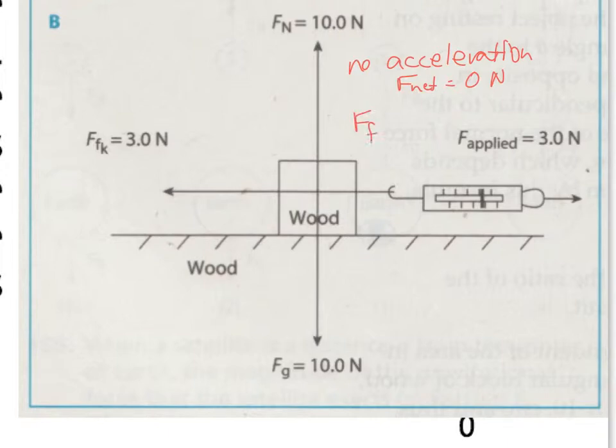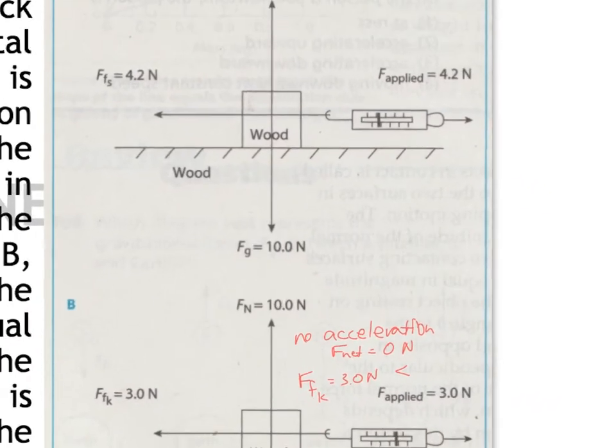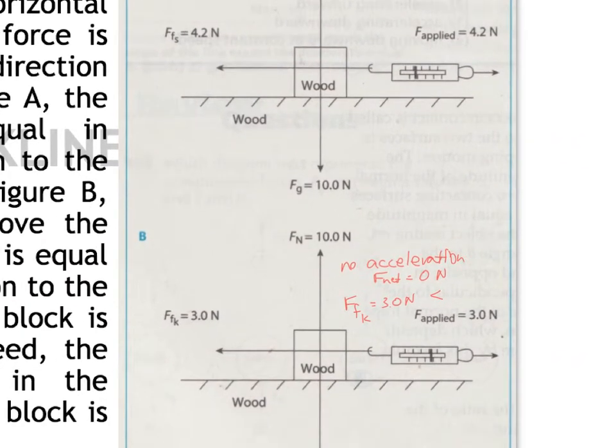The frictional force for kinetic friction is 3 newtons here, which is less than the previous example, which was 4.2 newtons. So that should be something that's sort of obvious now, because objects that are in motion will always experience less friction than objects that are not in motion.